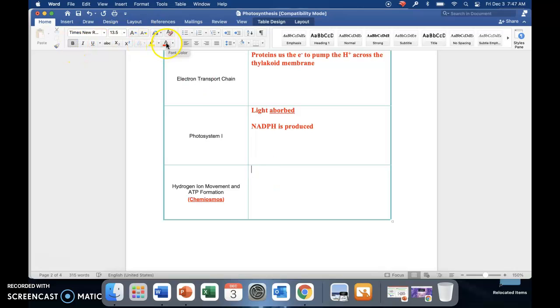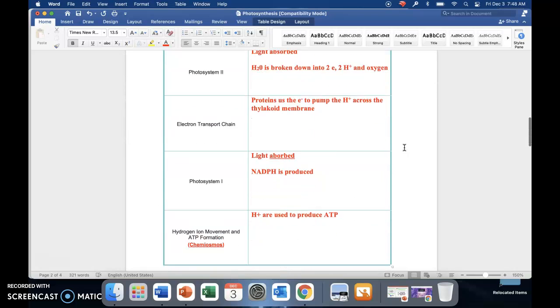What happens here? This simply is the hydrogen ions are used to produce ATP. So there is just a quick overview of everything that is going to happen during that part.